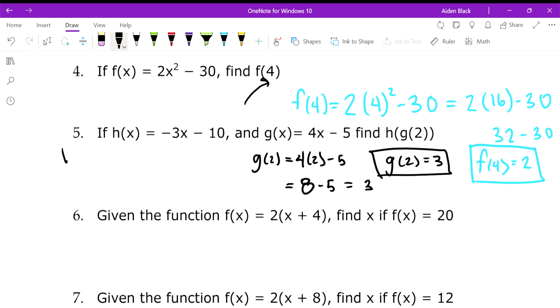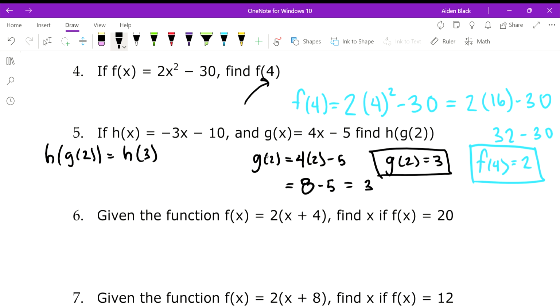Now we can say h of g of 2 is the same as h of 3, since that's what g of 2 equals, 3.